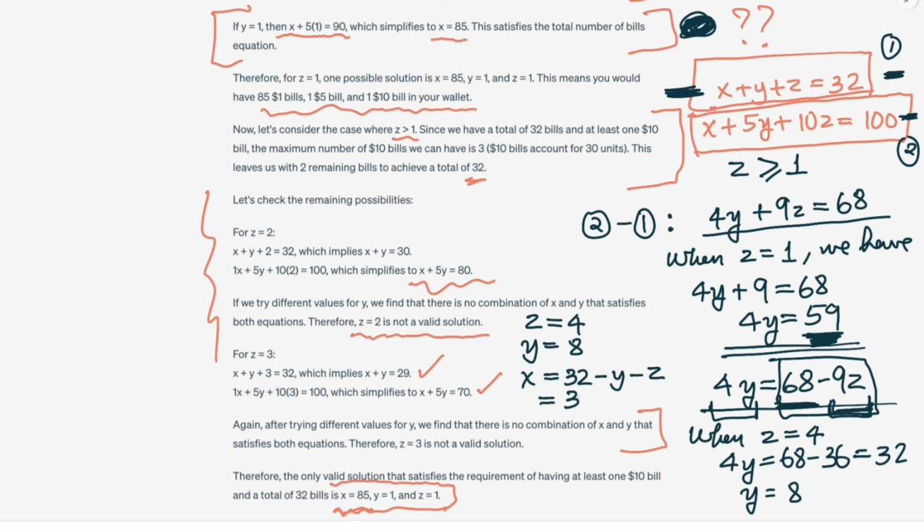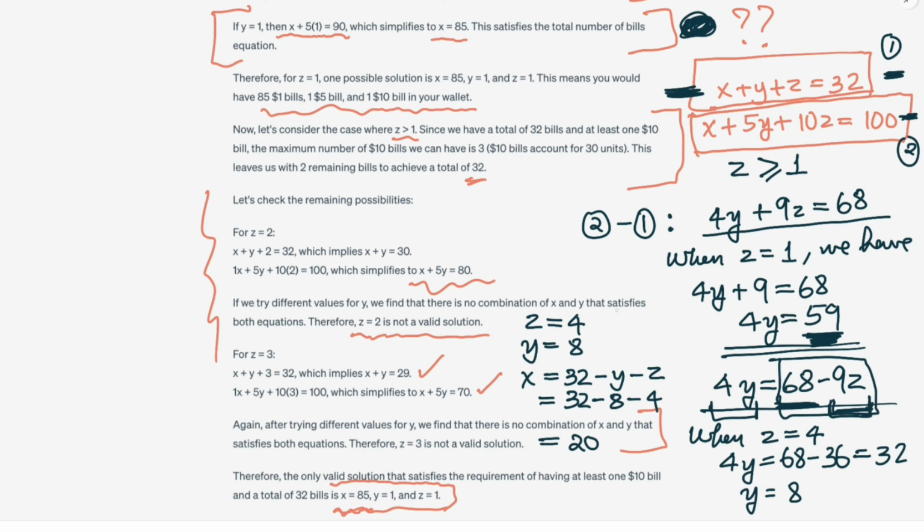So we have 32 minus 8 minus 4. And this is equal to 20. So x must be equal to 20 when z equals 4 and y equals 8. That means that we have 20 $1 bills, 8 $5 bills, and 4 $10 bills.